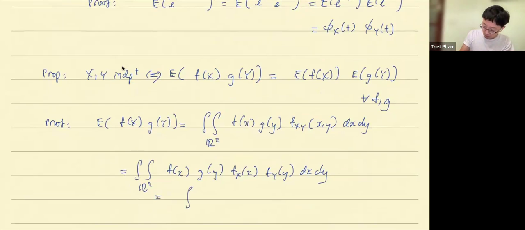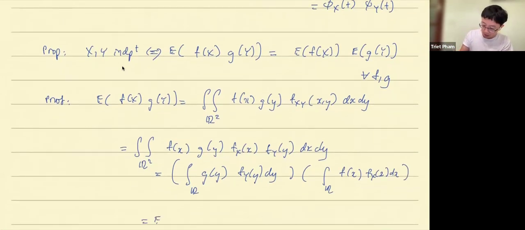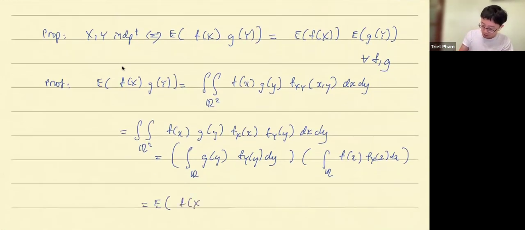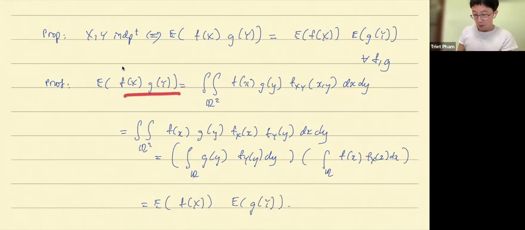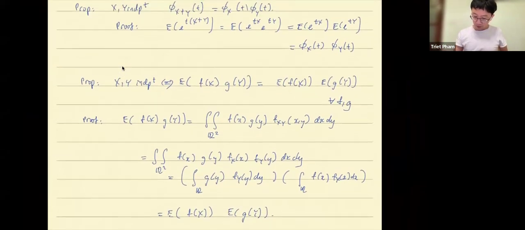Then it becomes the integral of g(y) f_Y(y) dy times the integral of f(x) f_X(x) dx, which is exactly the expectation of f(X) times the expectation of g(Y). So that's probably one of the beauties of independent random variables: when you take any functions of them and take the expectation of the product, that's a product of expectations, which justifies this move. All right, any question?